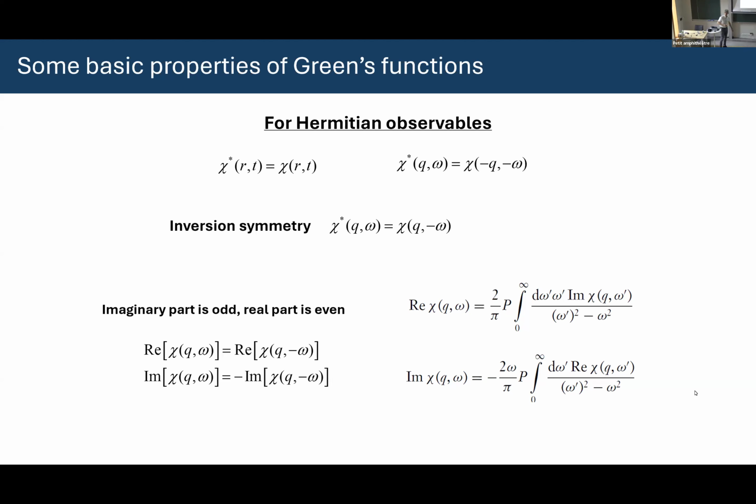So if you open up Jackson and ask what are the Kramers-Kronig relations, they look like this. They're written as the integral from 0 to infinity with factors of 2 out front because they've assumed a symmetry. But there are two assumptions hiding in that. The first one is that there's a Hermitian operator inside the definition of the Green's function. And the second is that the system has inversion symmetry. If you have a ferroelectric, these are not right.